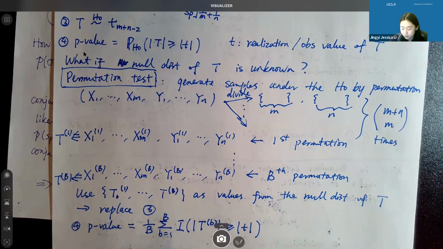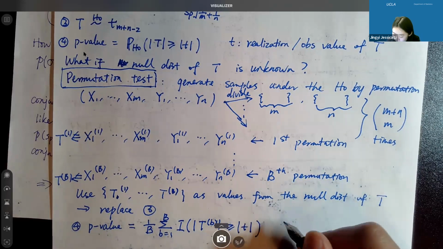If B is 100, then the smallest p-value I could have is 0, and the next value is 1 over 100, so it's 0.01, right? But if B is 1,000, then the smallest non-zero p-value is 0.001. So that determines the resolution.